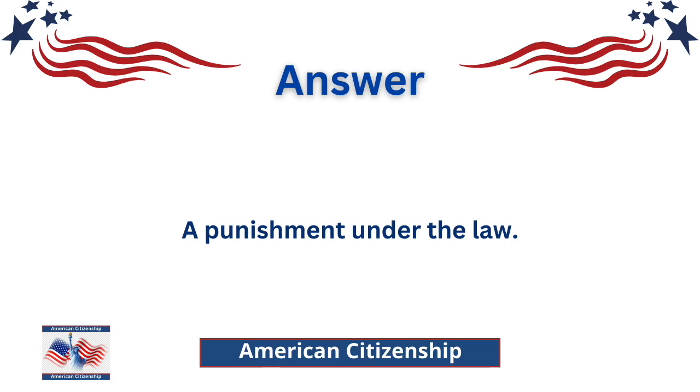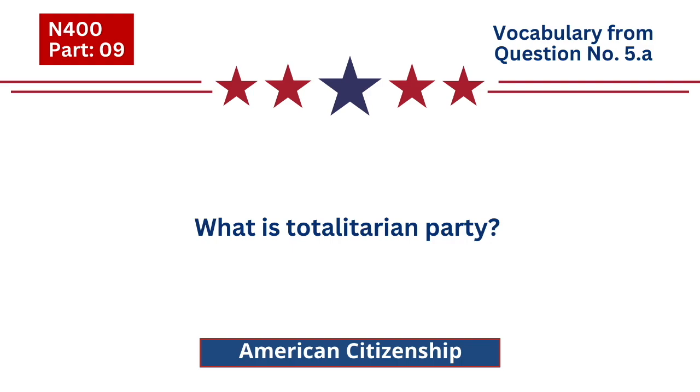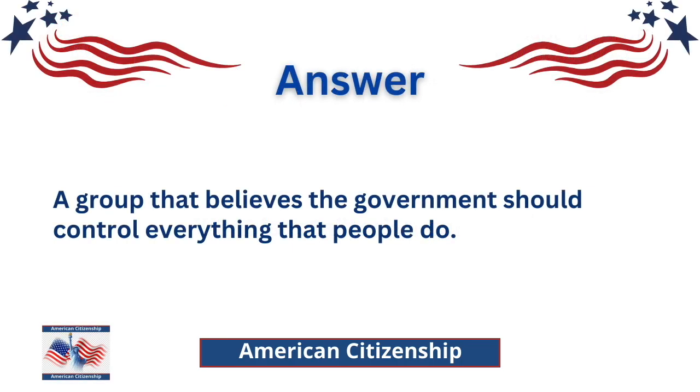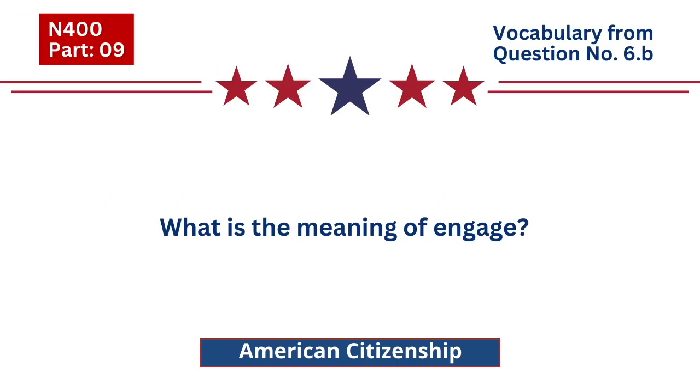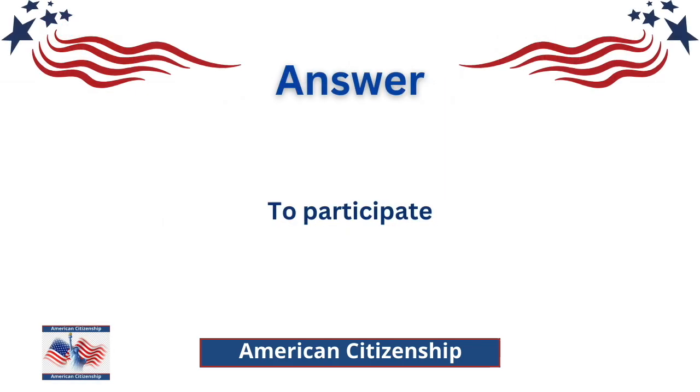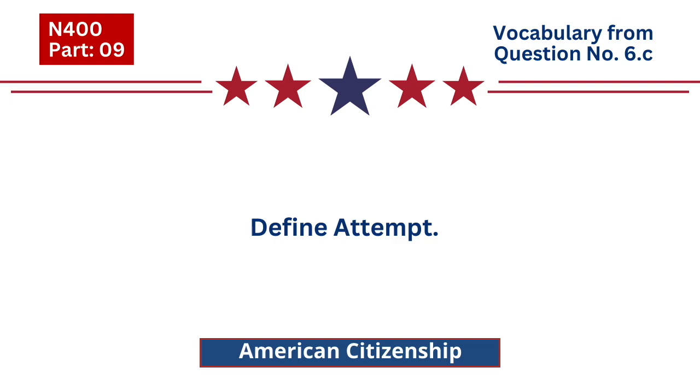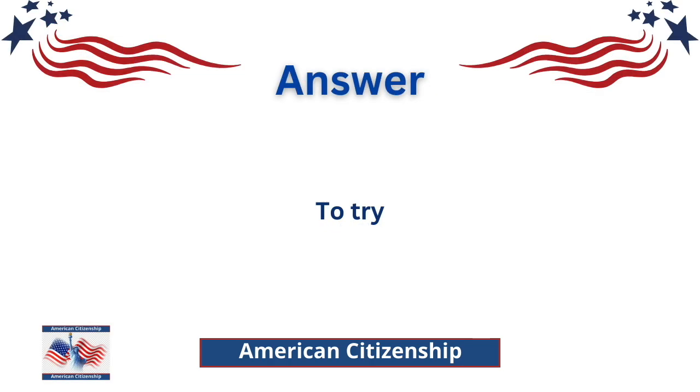A punishment under the law. What is totalitarian party? A group that believes the government should control everything that people do. What is the meaning of engage? To participate. Define. Attempt. To try.